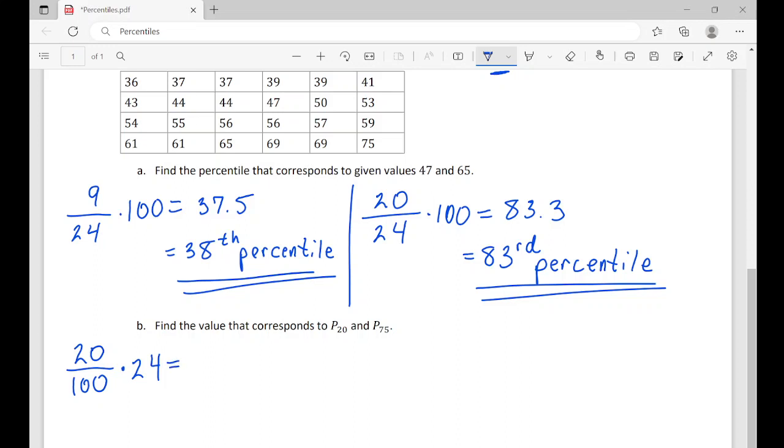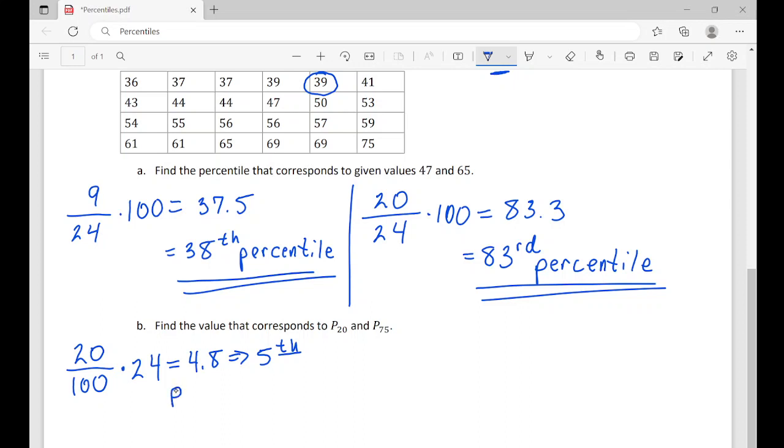When we do the arithmetic, we get 4.8. But when we are finding the value and we get this, we always have to round up to the next whole number. So this is going to be the 5th number: 1, 2, 3, 4, 5, right there, 39.